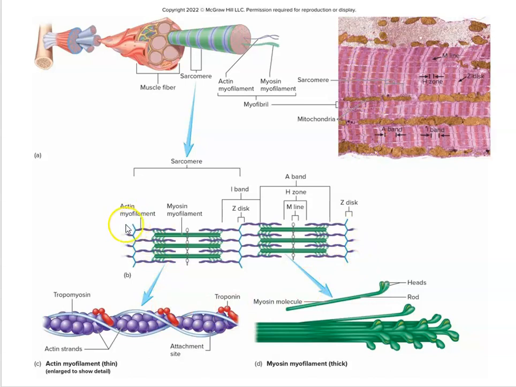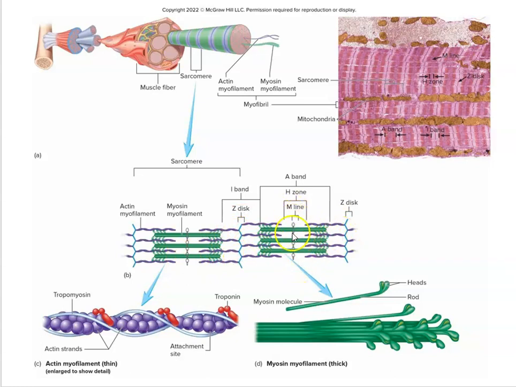Attached to the Z-disc are the actin thin filaments. So we have a Z-disc here, thin filaments attached pointing in, Z-disc here, thin filaments attached pointing in, and then the next sarcomere. Same arrangement.